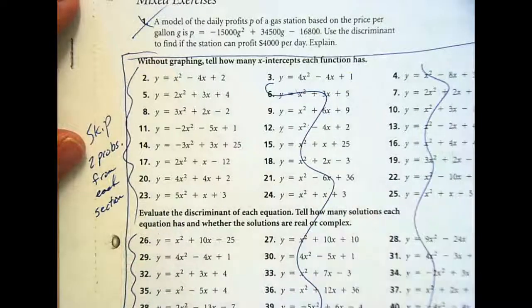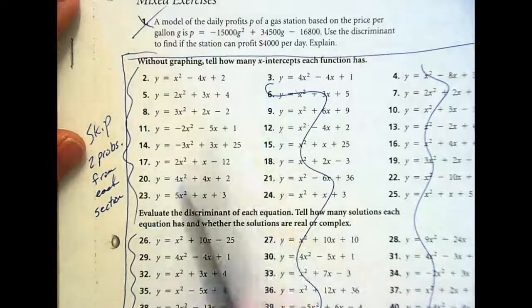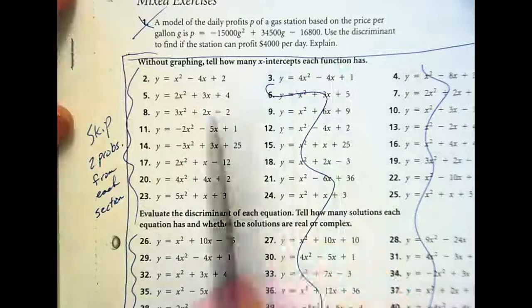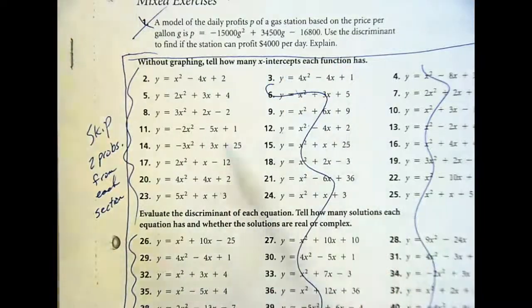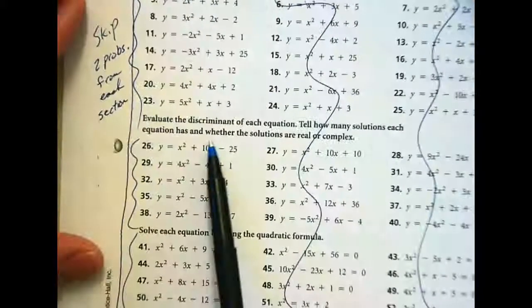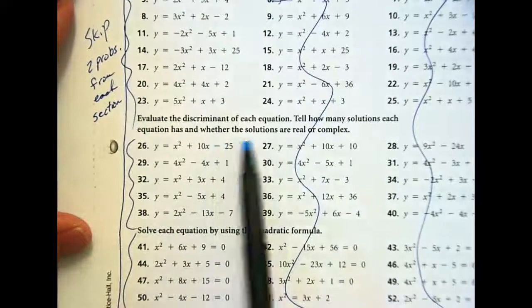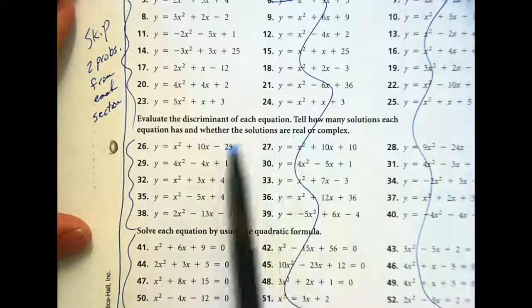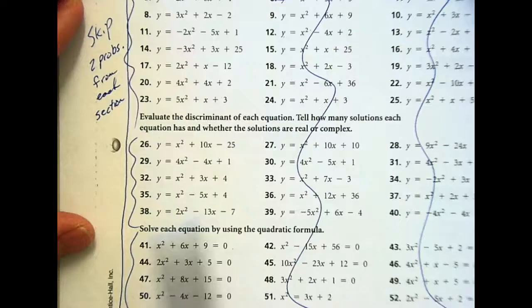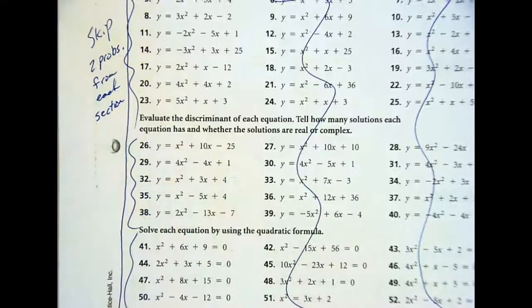What do you need to figure out? The discriminant. It doesn't even tell you to find the discriminant. But you're telling how many x-intercepts, and that's utilizing the discriminant. Right? Just b squared minus 4ac. This one right here. Evaluate the discriminant. Tell how many solutions. And if they're real or complex. Do you use the whole quadratic formula? No. Once again, you're doing what we just did on this page.